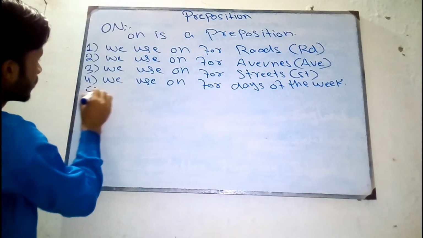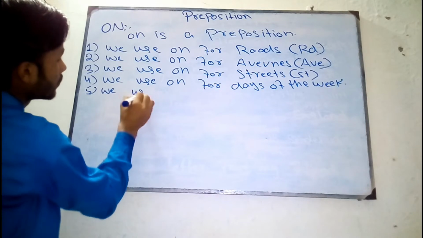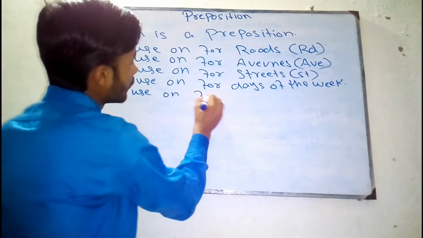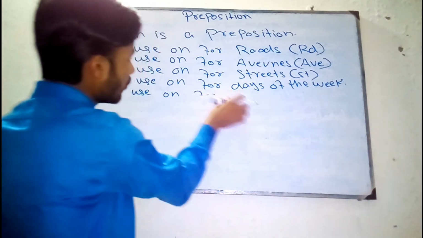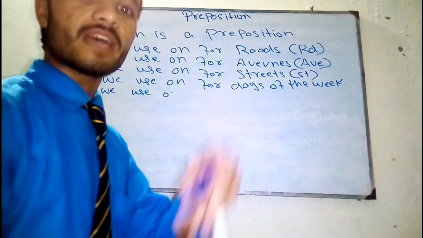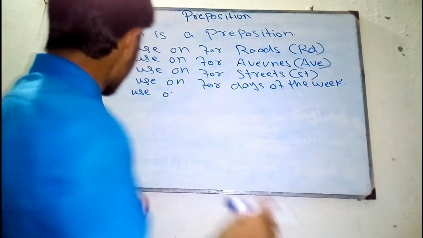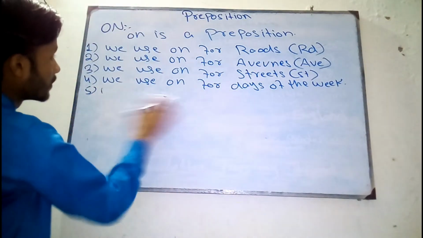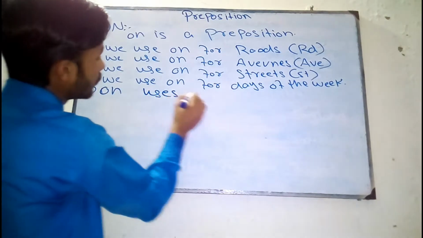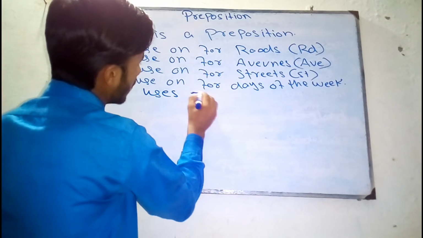See the last one. Number 5, the 5th one is: "on" shows the idea of touching. "On" shows the idea of touching.